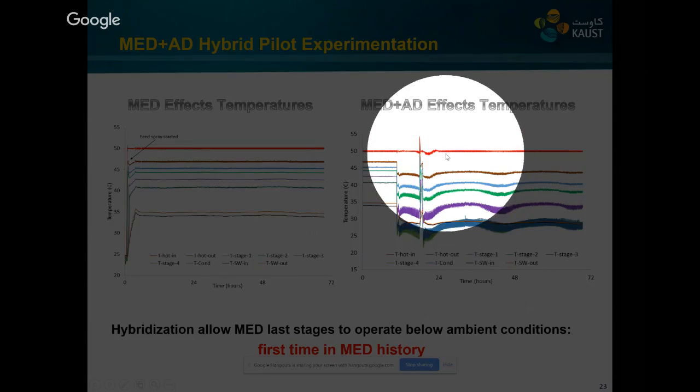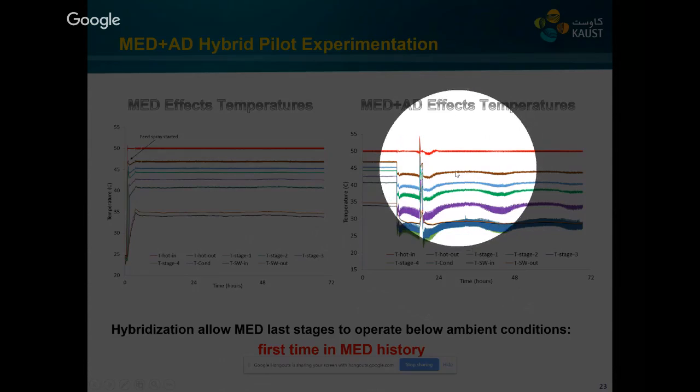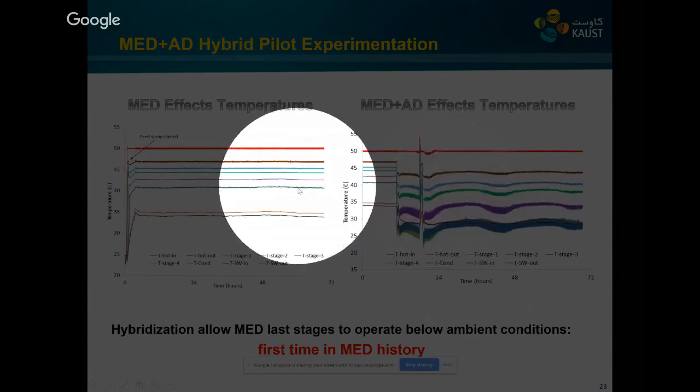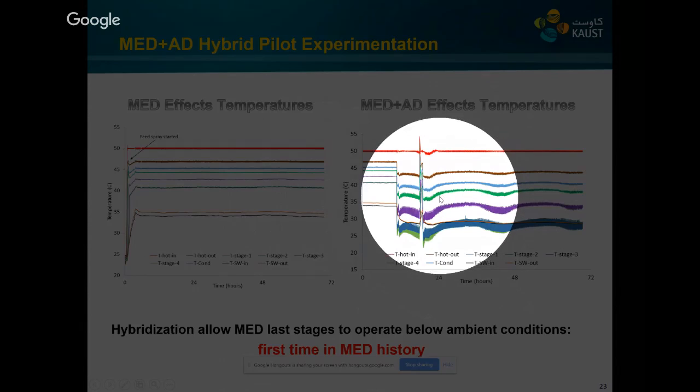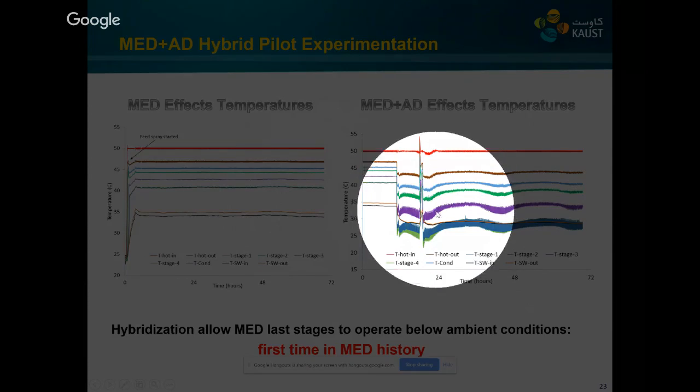So either way, if we keep the heat source temperature the same, we can see the inter-effect temperature difference was almost 2 times that of the conventional MED system, from 2 to 3 to 5 to 6 degrees centigrade. In a greenfield design, we can increase the number of stages to like 15 to 18 stages.